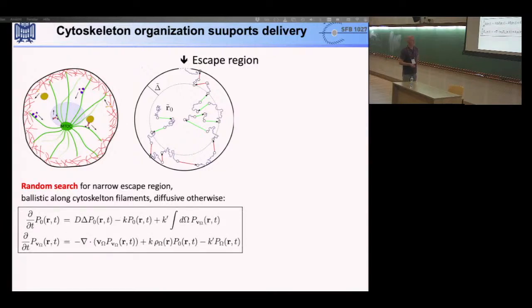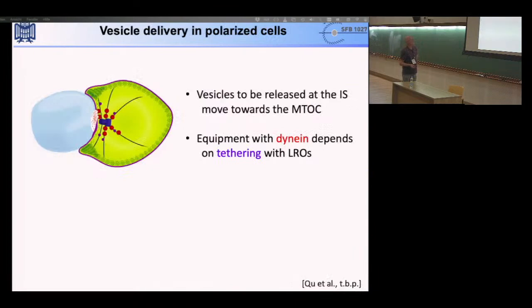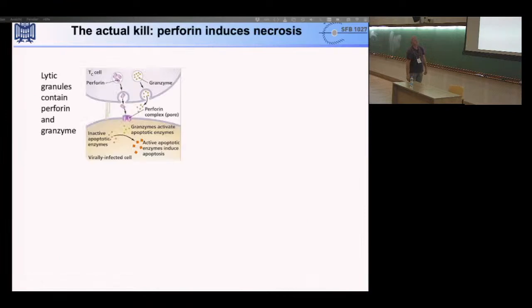I discussed that this morning, so I skip it. When the content of one of these lytic granules is released, then the things that I described before will happen. Perforin is spat out, which makes holes in the cell.